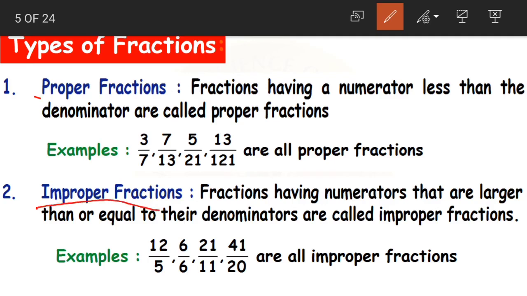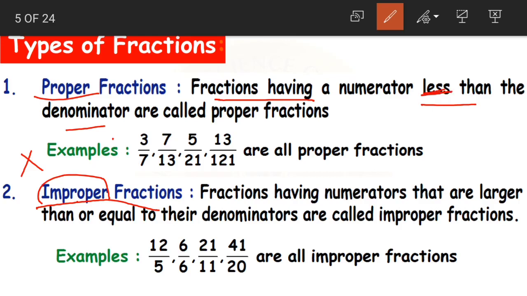Now moving on to improper fractions. When you look at both the words proper and improper, we know that proper and improper are opposites of each other, right? The opposite of proper becomes improper and the opposite of improper becomes proper. In proper fractions, the numerator was less than the denominator.